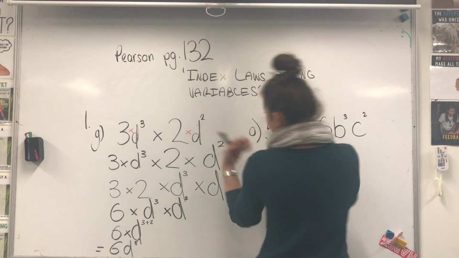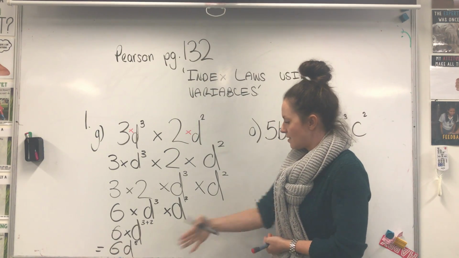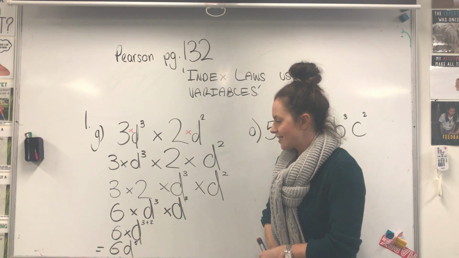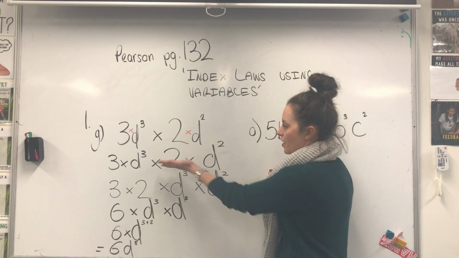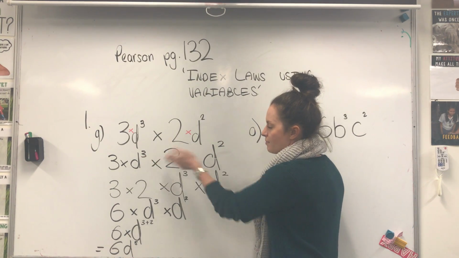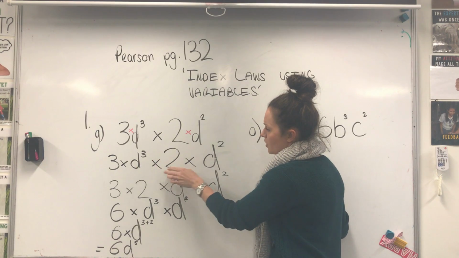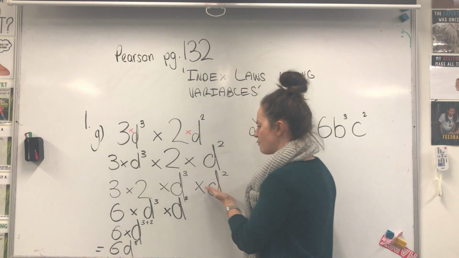So this simplified would be the same as this. This simplified would be 6d5. And as you can see here, all I've done in the first line is I've added my times in. Then I've just moved my 3 and my 2, and made it a bit easier for myself to move those to the left.